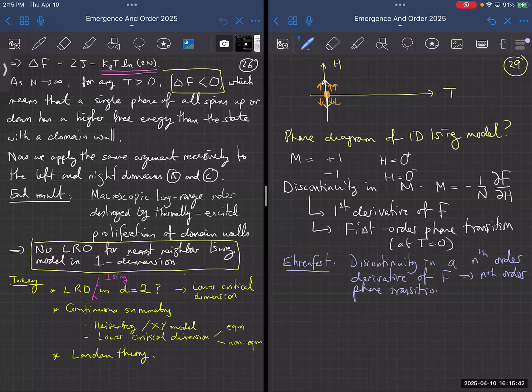And at that time, he thought that the only way you would get singularities was discontinuities in derivatives. So that's all that he did.